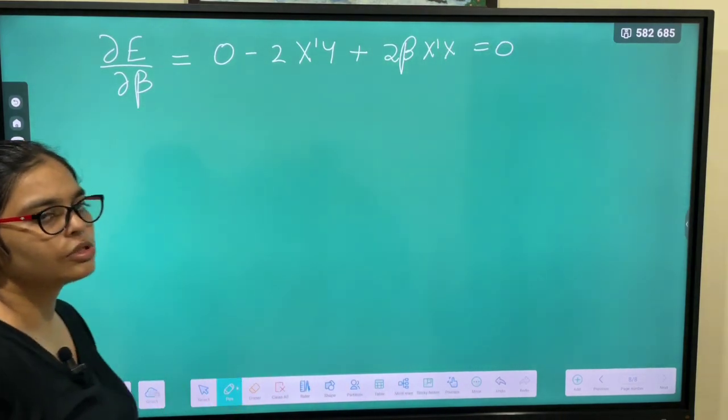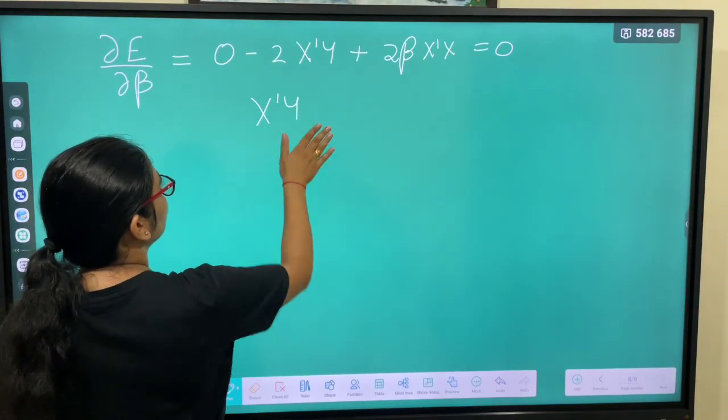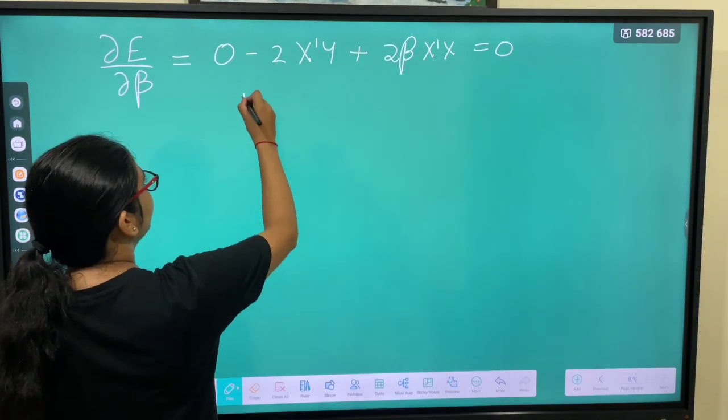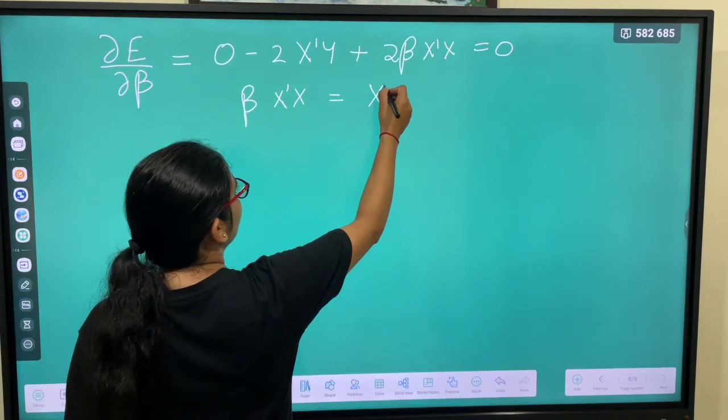Now putting it equal to 0, we will get x dash x beta is equal to x dash y.